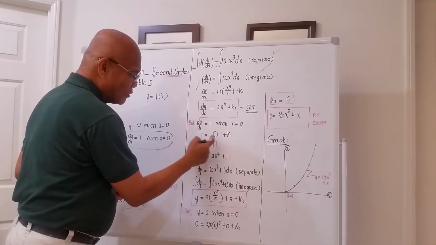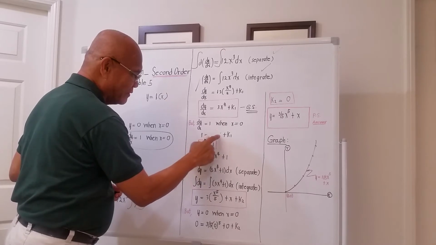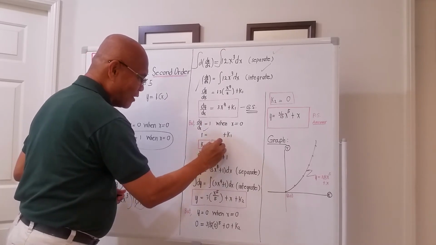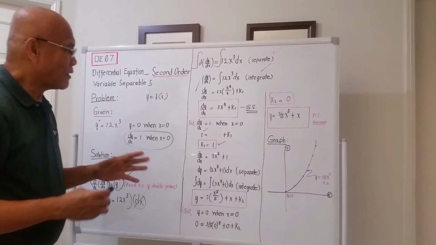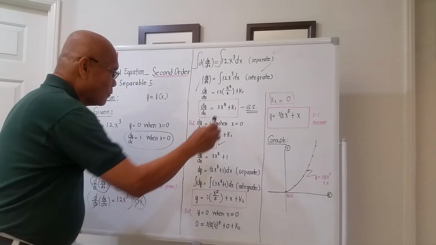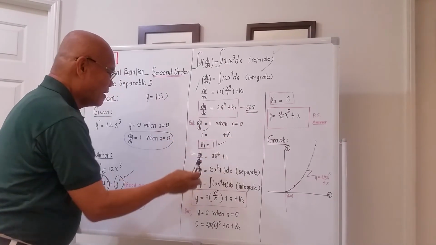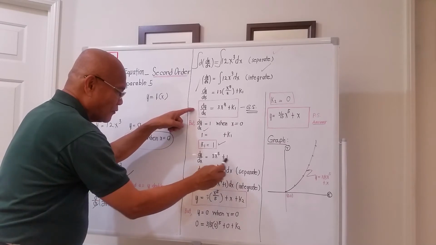Therefore, 1 equal to 0 plus k1. Therefore, k1 will be equal to 1. So the resulting particular solution, we go back here and place the computed value of k1: dy/dx now equals 3x to the 4 plus 1.